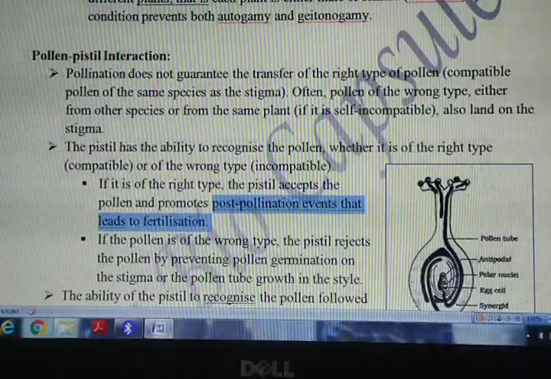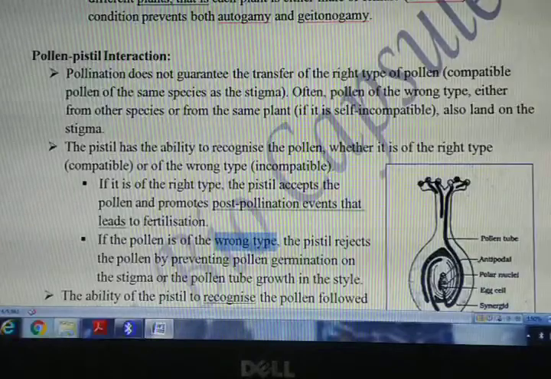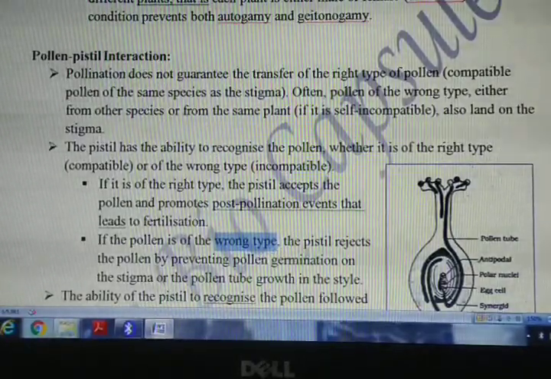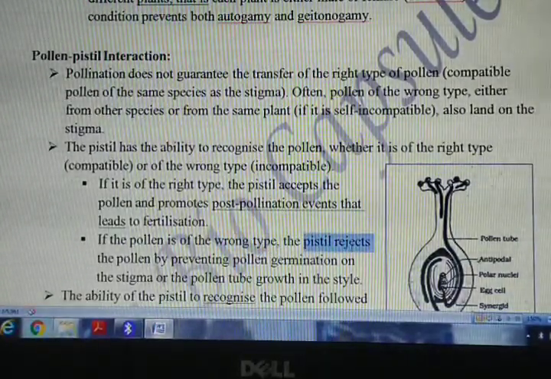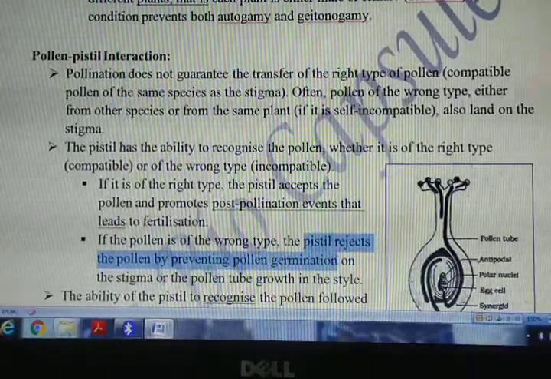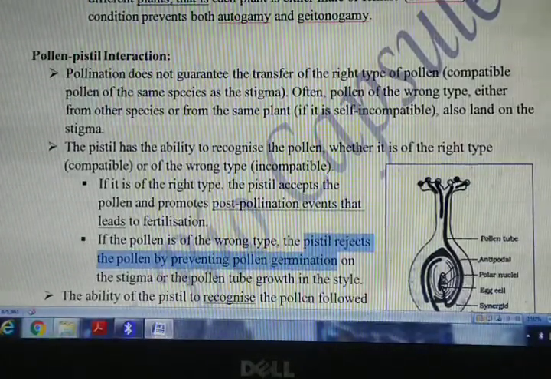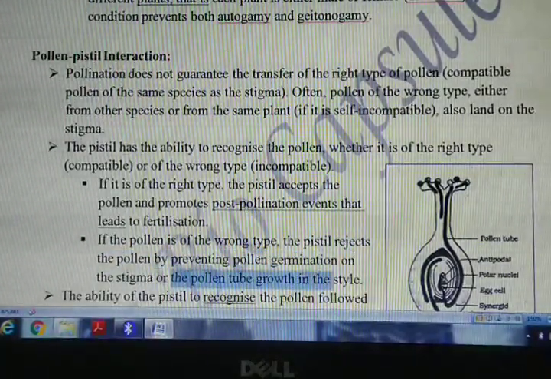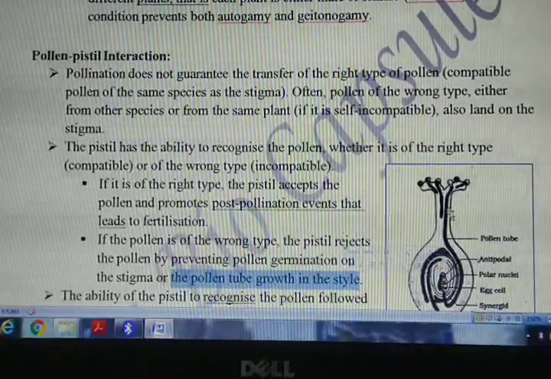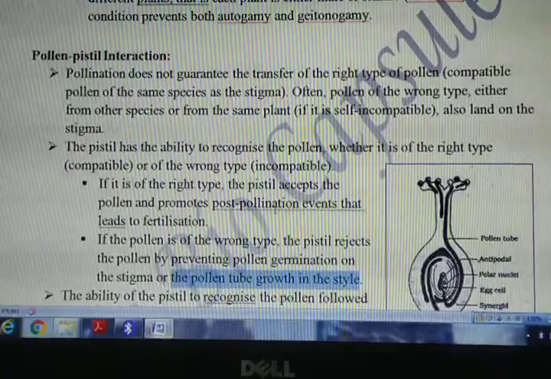And if the pollen grain is not of the right kind, means it is of the wrong kind, मतलब क्या हुआ? Incompatible, then the pistil is going to reject it, and as a result of that, pollen germination is prevented on the stigma. And if at all it is going to germinate, then the further pollen tube growth inside the style so that it can come down towards the ovary is going to be prevented.